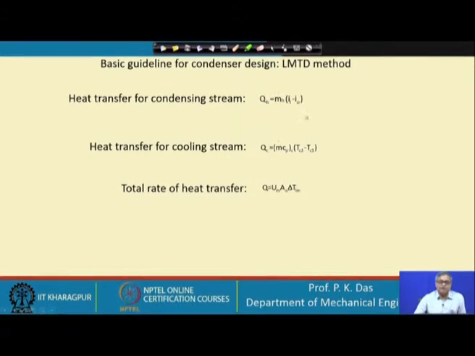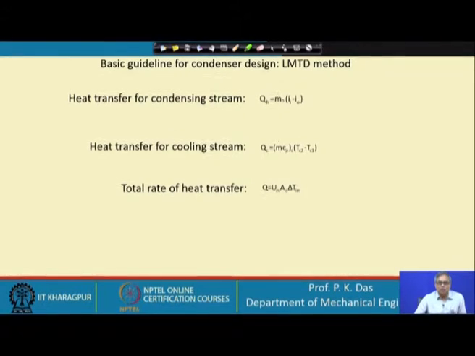The first equation itself is slightly different: heat transfer of the condensing steam. That is the mass flow rate of the condensing steam, which will be the hot stream, m dot h, into the enthalpy difference. If it is condensing throughout the length of the heat exchanger, then its temperature will not change, but definitely its enthalpy per unit mass will change, because the vapor content will change.